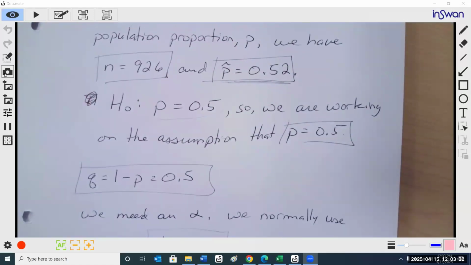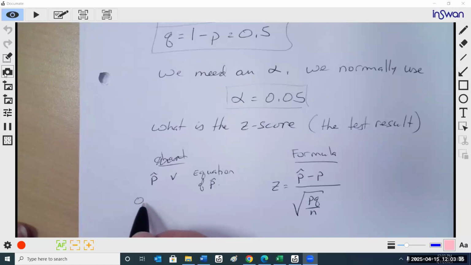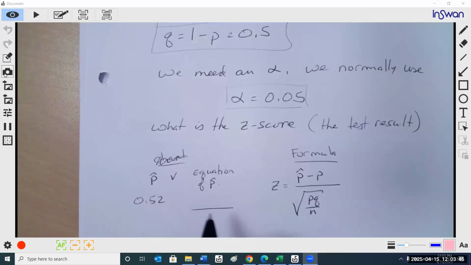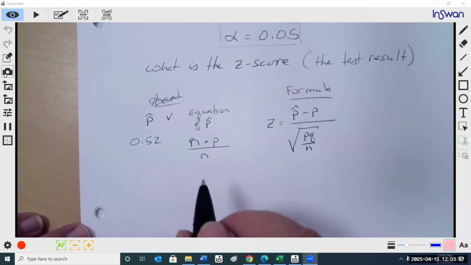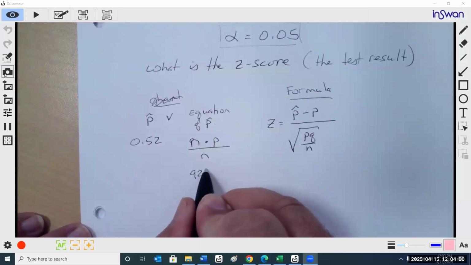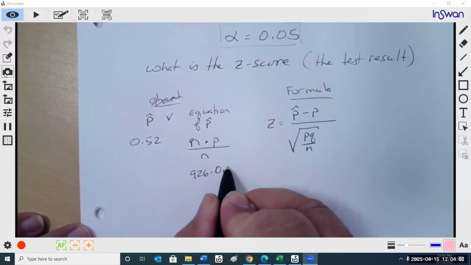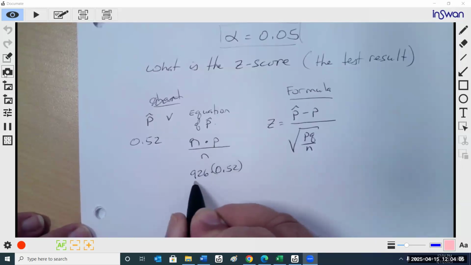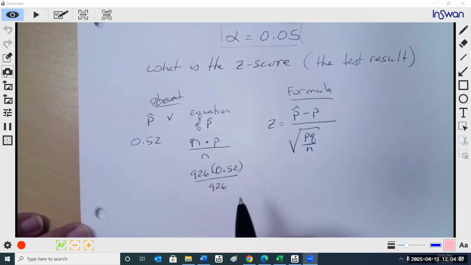What I'm saying here is this. If we use just p hat, that's just saying it's 0.52. As opposed to, if you use the formula, n times p over n, which is 926 times 0.52 over 926.